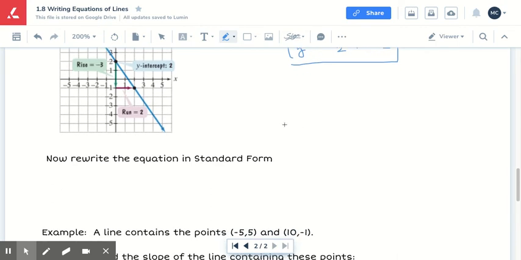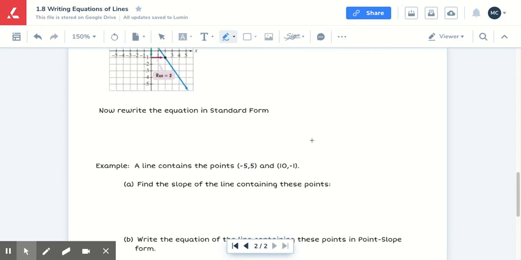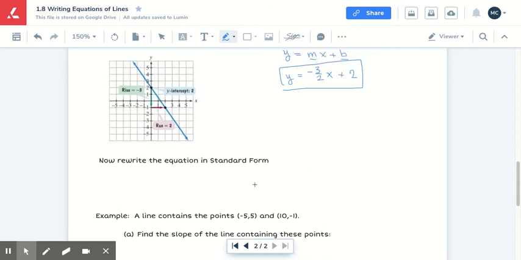All right, now they want me to take that same equation, that same line, and rewrite the equation in standard form. So once again, this would be a really great place to pause the video and check to see if you can get this into standard form.